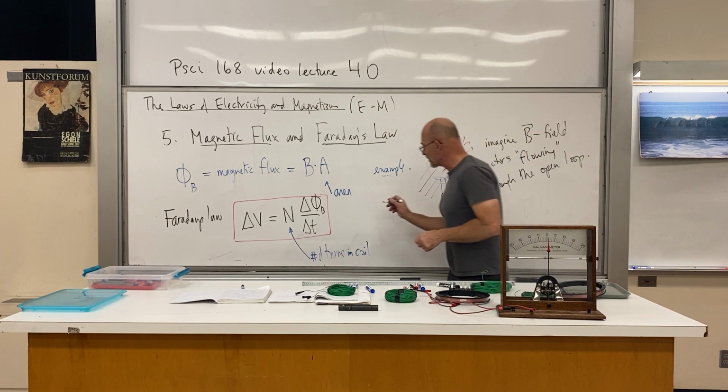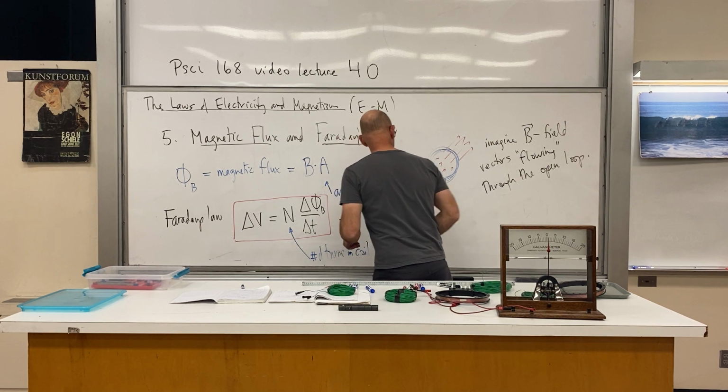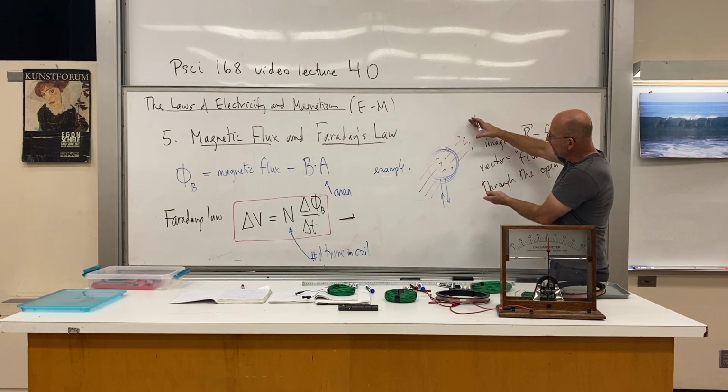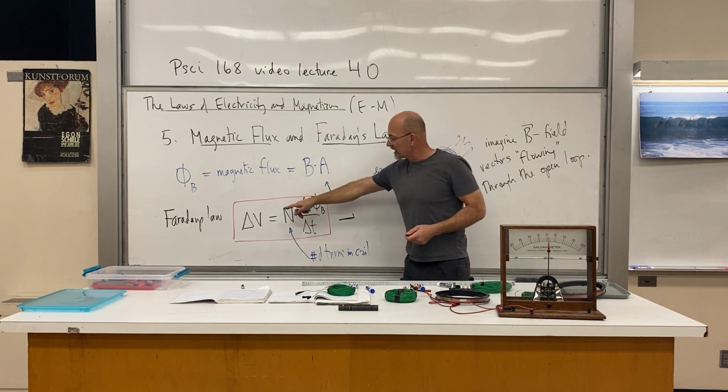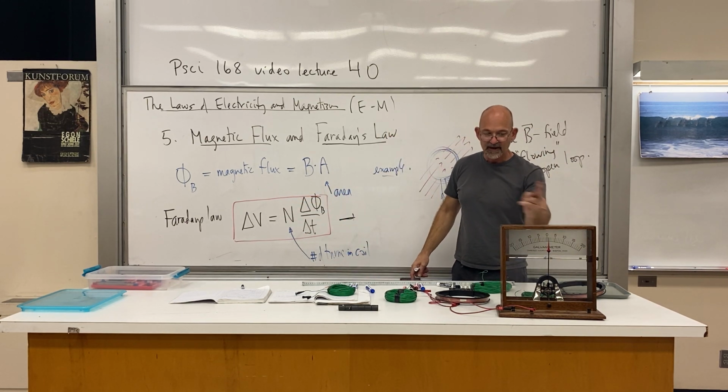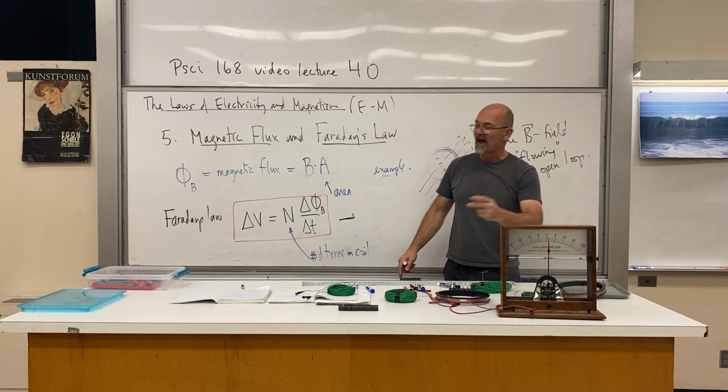So this here, in fact, you can imagine this B field and spinning this coil and getting this alternating voltage, and the alternating aspect of it was this needle going back and forth.